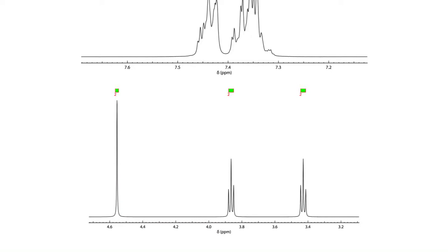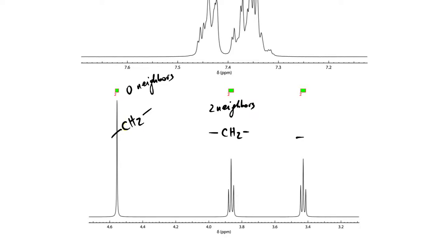So we have CH2, okay, 0 neighbors. Zero neighbors. Then we have CH2 that has 2 neighbors.